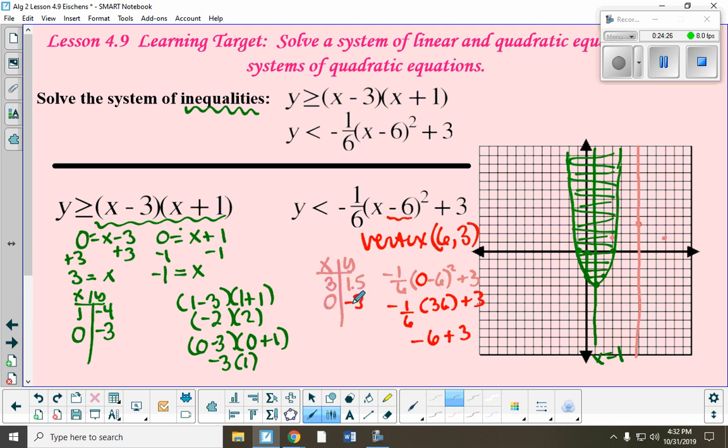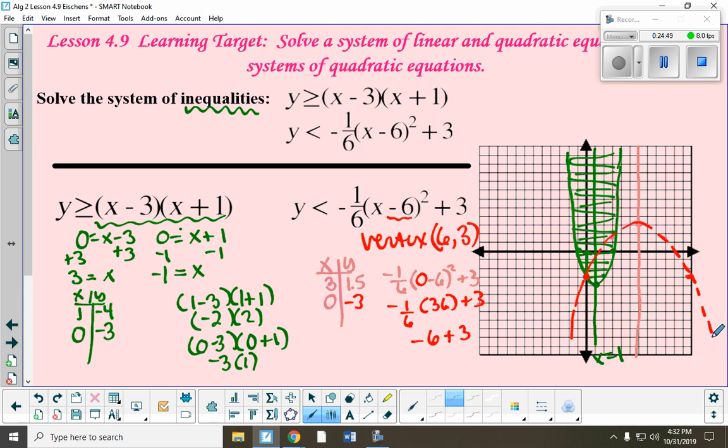If those are confusing, when you do your substituting, just type everything into your calculator, parentheses and everything. So now we have a point at -3. So this is 6 units away, so we have to go 6 units on the other side. So that is opening down, and that is a less than, so that is going to be a dotted line.